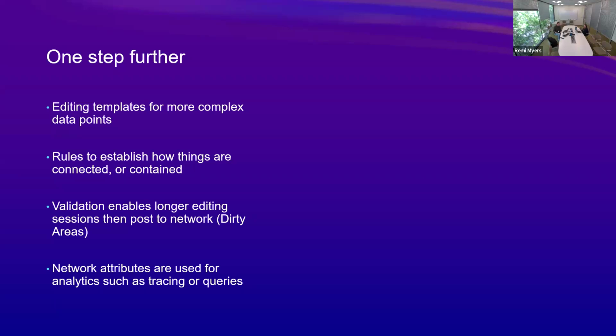The utility network rules are much more advanced, and we have this two-step process where you're enabled to edit as many features as you want, and then you validate them for correctness, and it includes them into the network index. And then finally, we have network attributes that are kind of like weights in a geometric network, and they're stored to give you the ability to do precise tracing or precise queries.